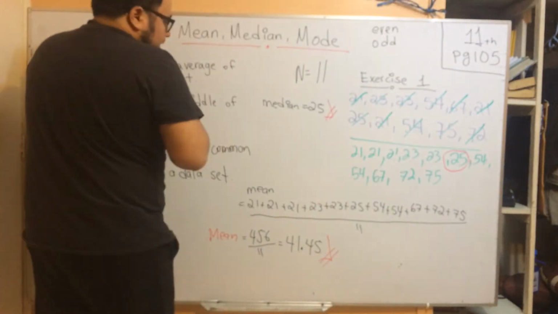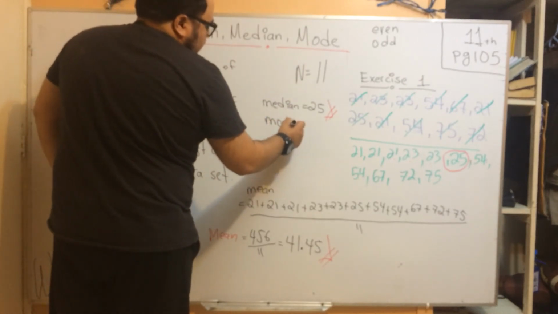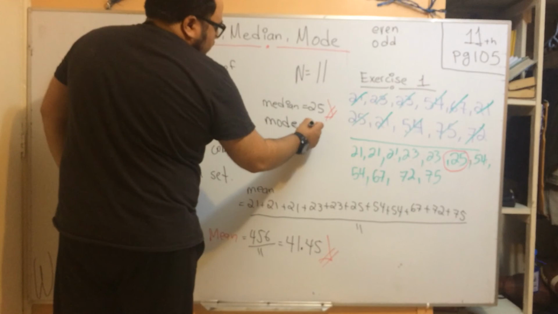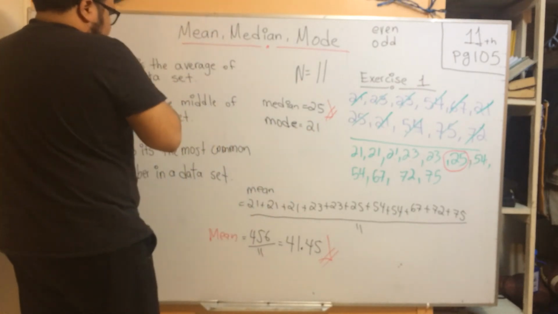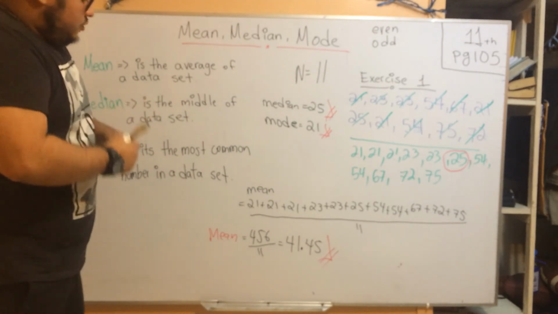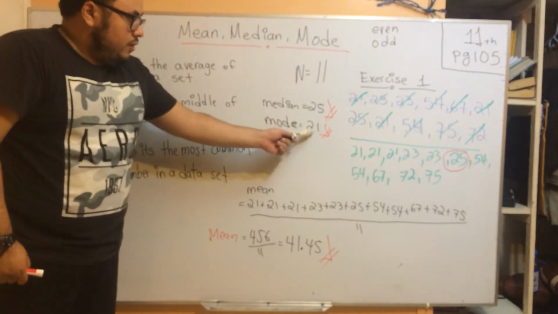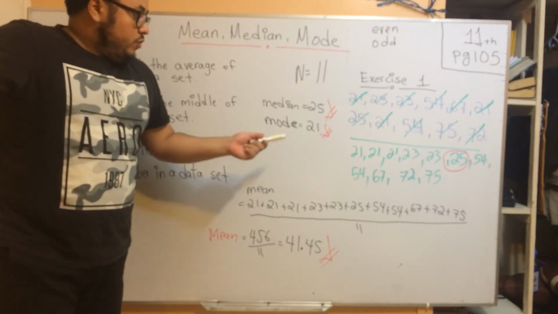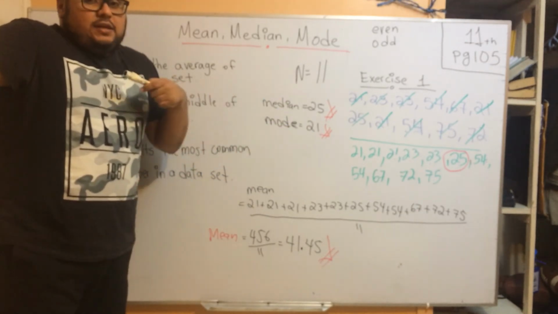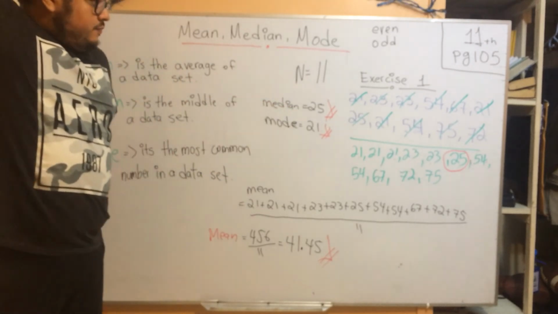The mode is 21. Now we have our three answers: the mean, 41.45; the mode, the most repeated number, which is 21; and the median, the middle number, which is 25.